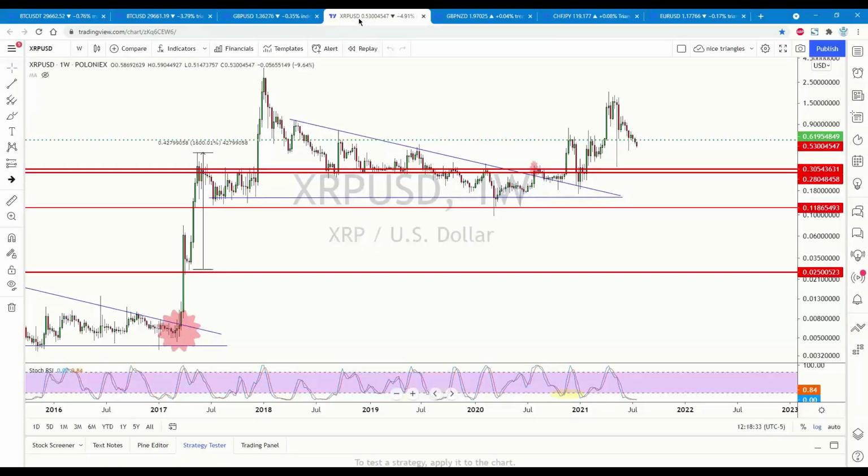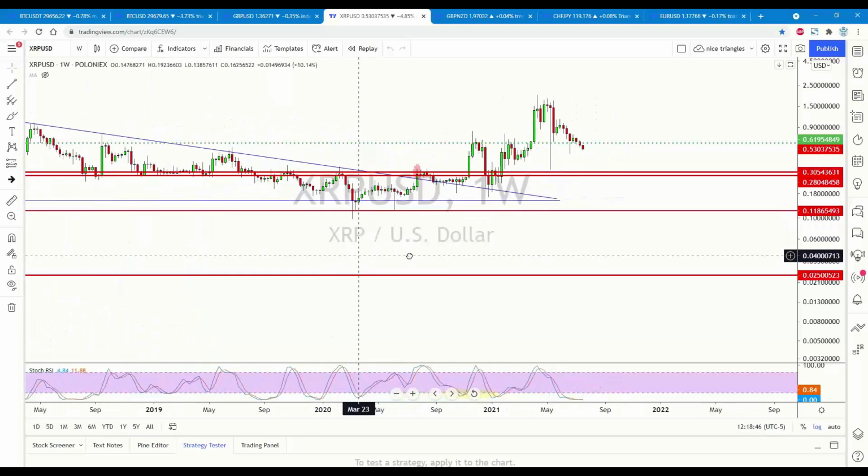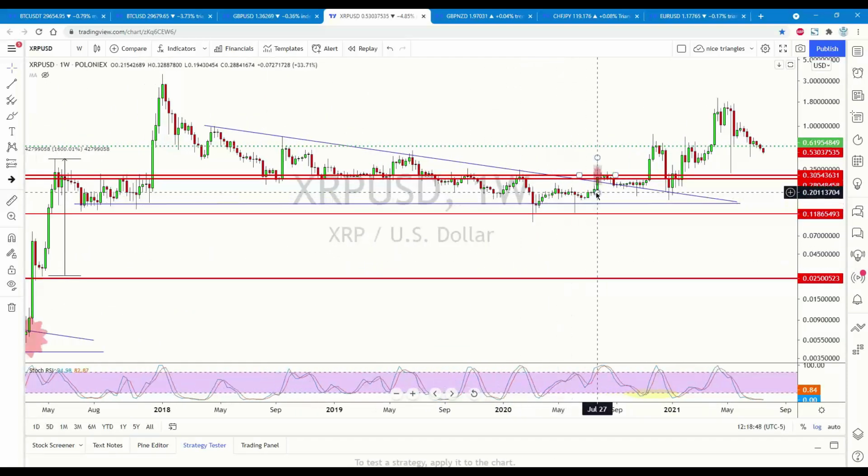Let's see if I can get a better one. Okay, here we have two prime examples of triangles. Here we have a horizontal and an ascending line, a beautiful formation of a triangle. Here is where you got your breakout, and here's where you got your confirmation candle. Your breakout candle is the candle that broke out of the triangle.